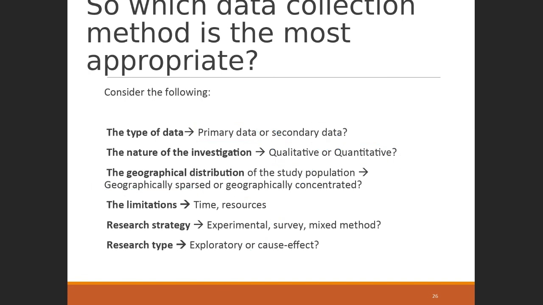Your resources and your time also matter, because of time limits we cannot use some very important data collection methods. And the research strategy you are using, whether experimental, survey, or mixed method, also has a role to play in deciding upon your data collection method. Lastly, research type.